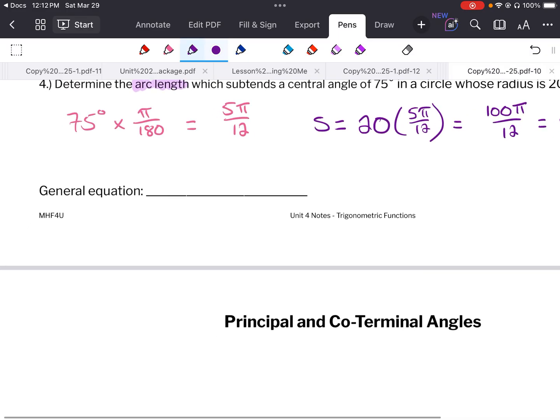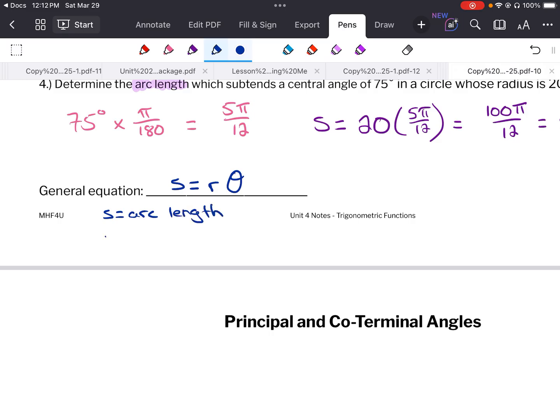So the general equation to find arc length is S equals the radius multiplied by theta, which is the radian measure. S is arc length, R is the radius length, and theta is central angle in radians.